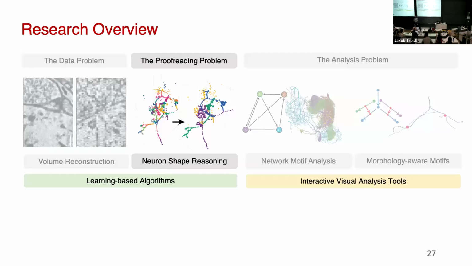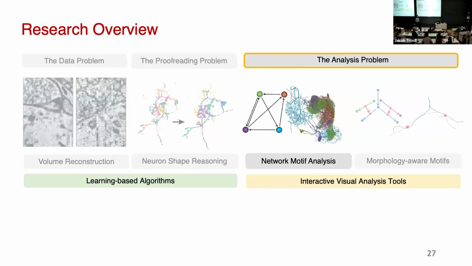And now I want to step back for a second and remind you about the Connectomics pipeline. So after proofreading a connectome, once we are certain that the data is of a certain level of quality, then we can actually turn towards what we really want to do and look at how the circuit architecture is, what the motifs or structures of interest in there are.